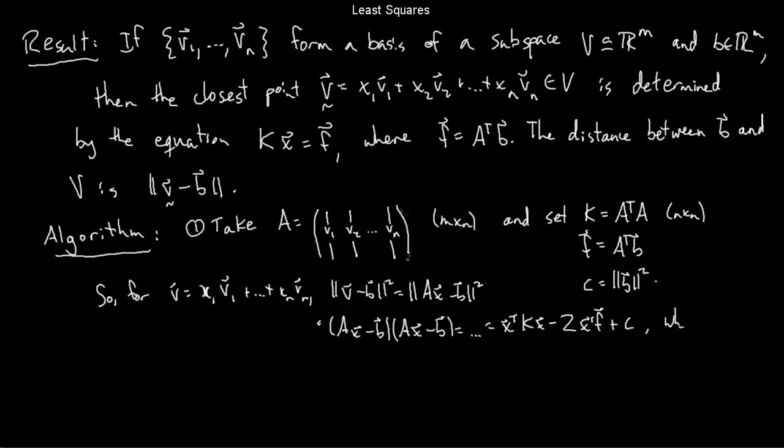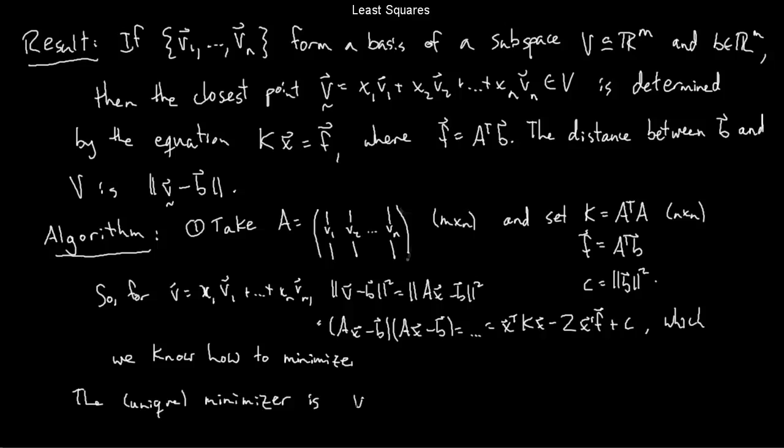And we already know exactly how to minimize that. All we have to do is solve the equation kx equals f. So that means that the unique minimizer, the unique closest point in V to b, is exactly v tilde, which is just K inverse times f.